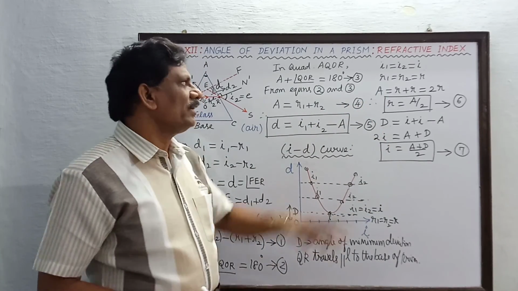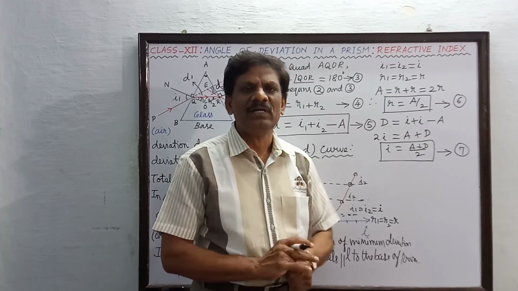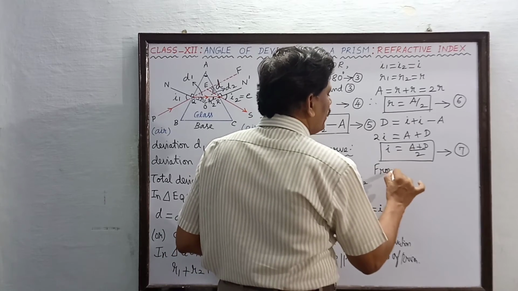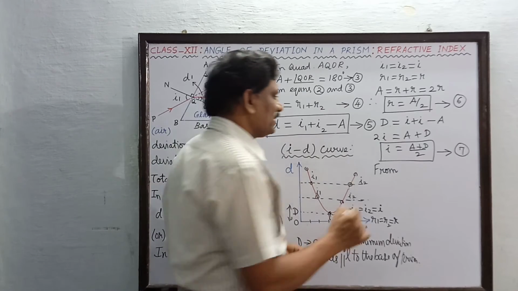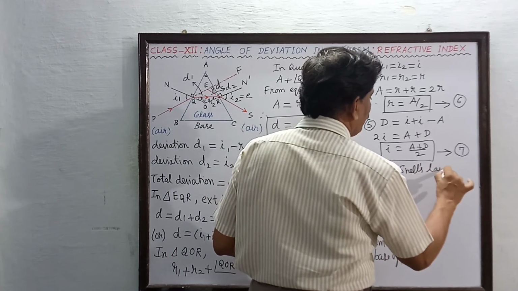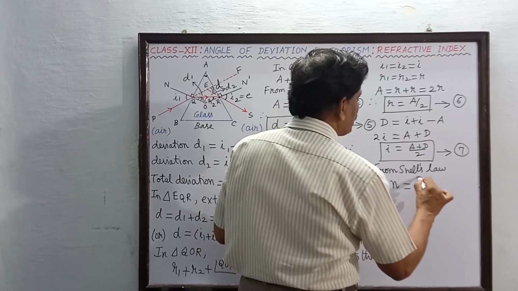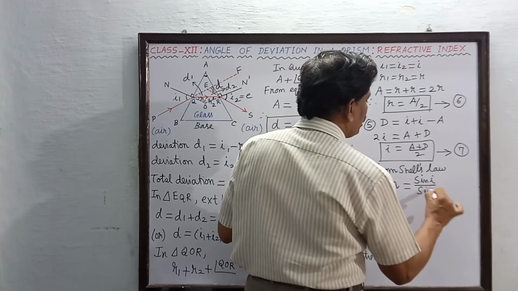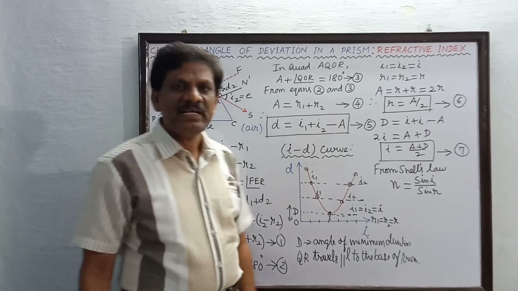Now we are going to derive an expression for the refractive index of the material of the prism from Snell's law. So do you remember Snell's law? Snell's law of refraction is also called as the second law of refraction. So from Snell's law of refraction, the refractive index of the prism is equal to sin I by sin R. Sine of the angle of incidence divided by the sine of the angle of refraction.